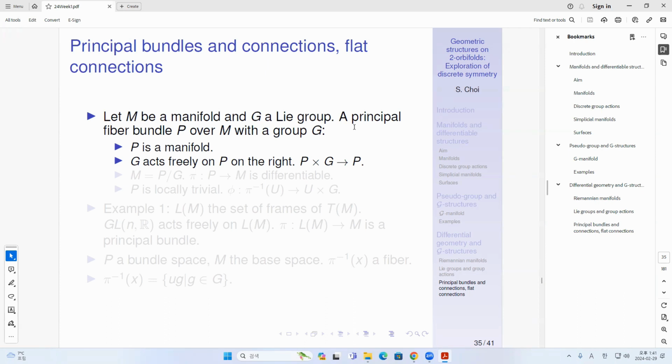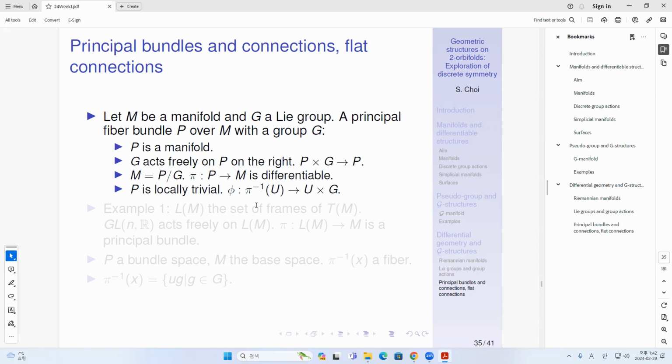That's all. So P times G to P, so G is written at the right side. You take the quotient, and the quotient is actually M, and pi is going to be some differentiable map, and P is also locally trivial.